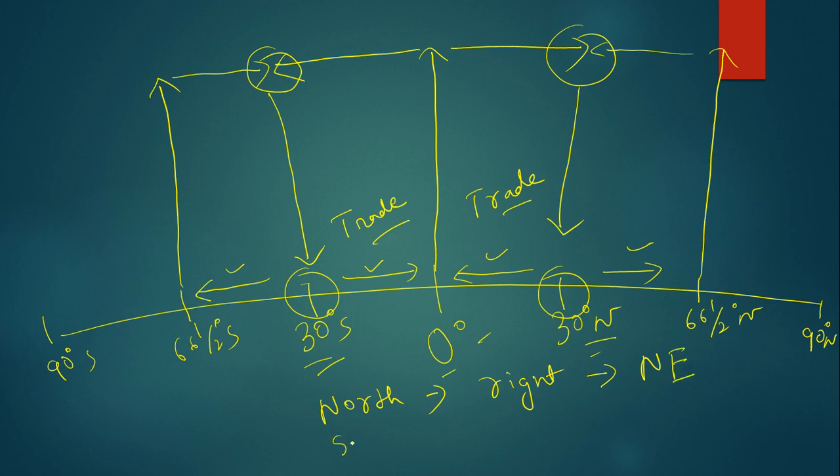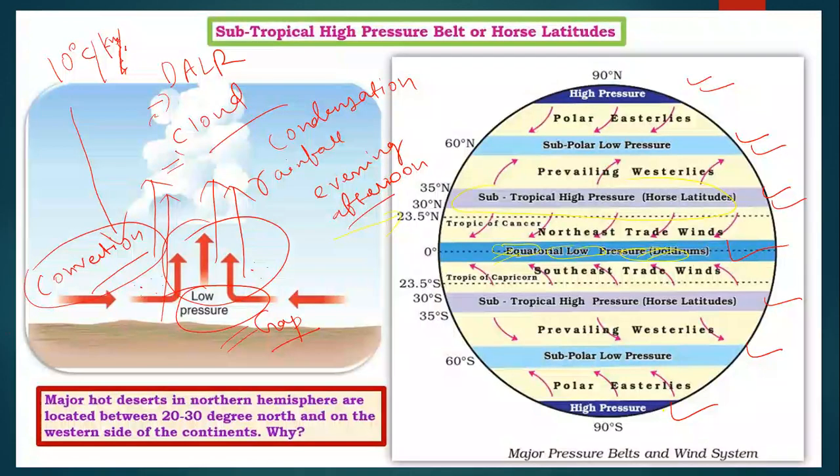And in the southern hemisphere, also because of the Coriolis force, the wind is deflected towards the left, so the direction becomes southeasterly. Now if I go to the diagram, this trade wind is moving from the northeastern direction, and that trade wind is moving from the southeastern direction.